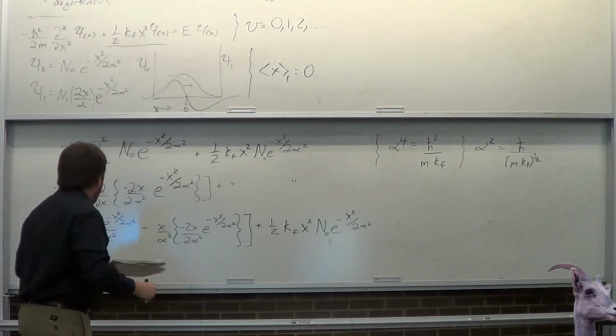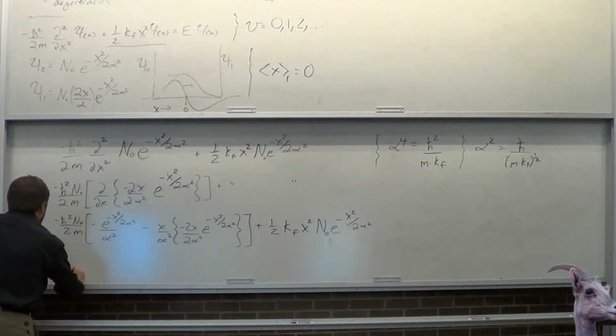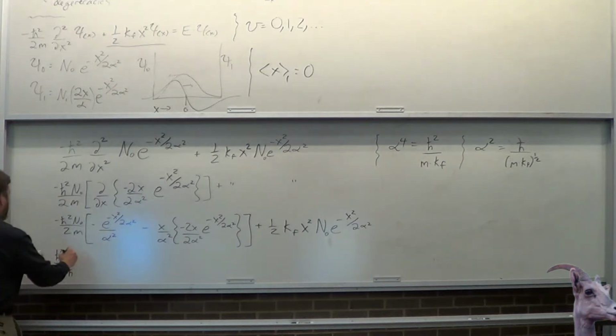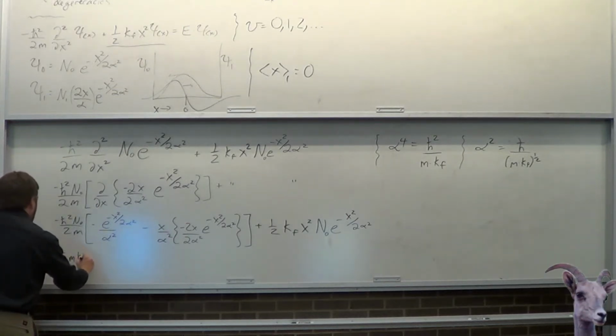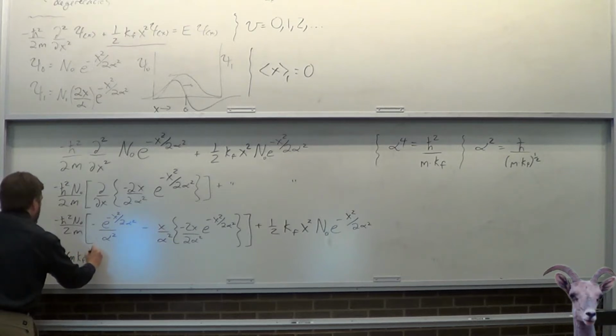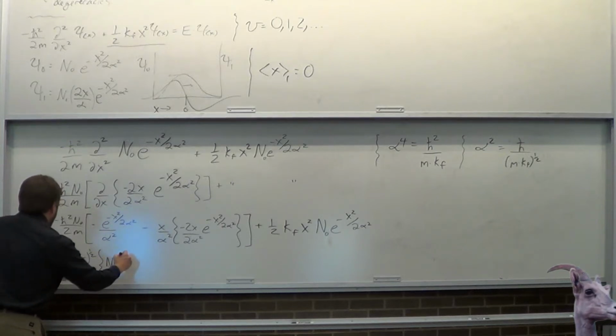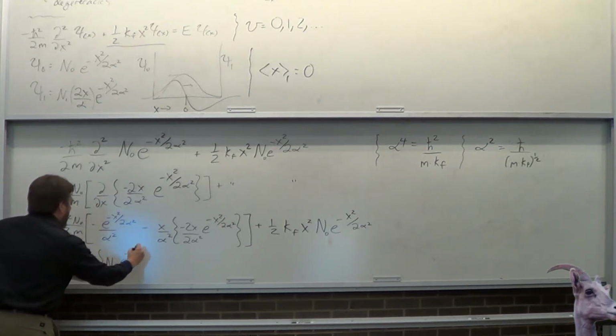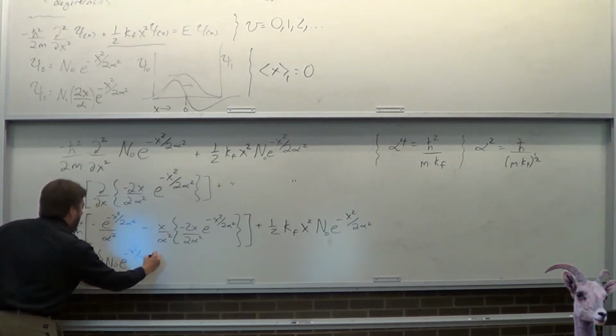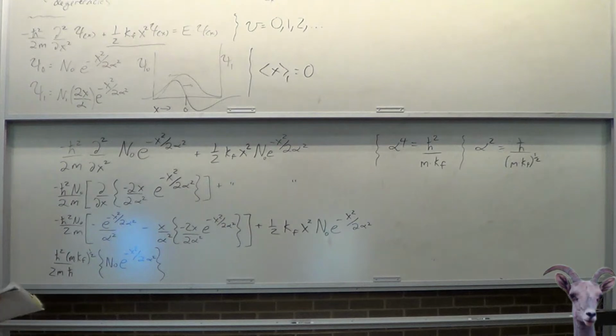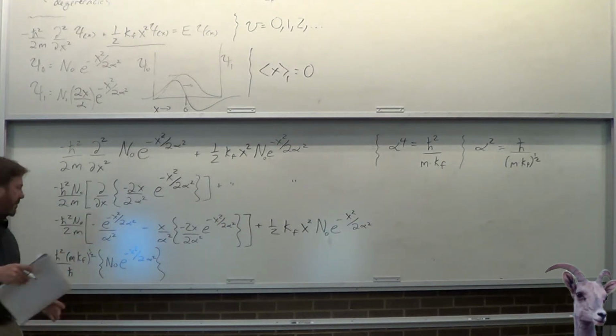Alpha squared is h bar, and then I've got m on top. All right, then I've got the normalization constant times e to the minus x squared, but I recognize this as my wave function. Okay, so obviously that's my eigenvalue.